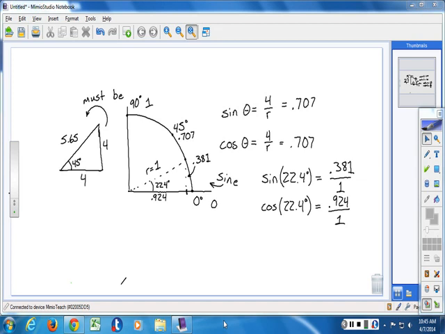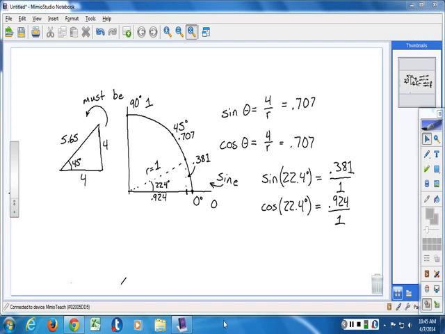Does that fit the somewhat-to-scale drawing? 0.924. Okay, what is this distance from here to here? That's 1, right? Because the radius, once it gets all the way down to 0 degrees, that is the radius. So in this drawing, which looks like it came out pretty close to scale, this amount at 22.4 degrees is getting really close to a 1-to-1 ratio.